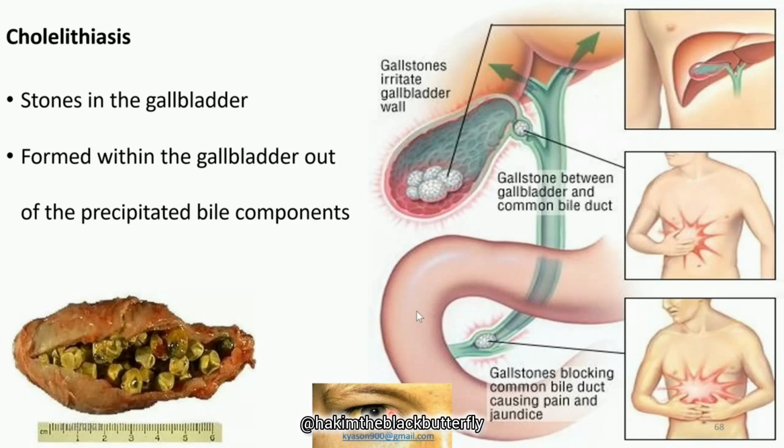So long-term cases of dehydration can predispose or increase chances of someone having cholecystitis and cholelithiasis. But of course, on top of that risk factor, if someone is obese, that will worsen the situation, increase more chances. If someone has a family history of those diseases, again that's going to be increasing more chances.